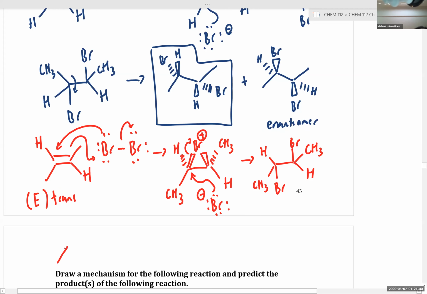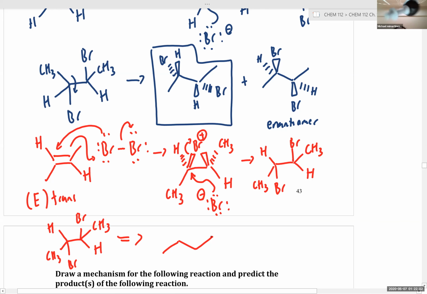So in turn, going from our initial rough sawhorse projection for our molecule, which looks something like this, we translate it to the following dash wedge notation.